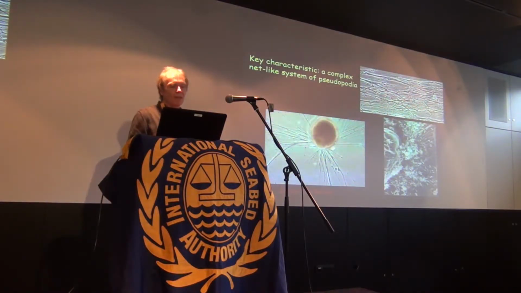A key characteristic of the foraminifera is this complex net-like system of pseudopodia, and these are the means by which the organism interacts with the environment. The pseudopodia are involved in all sorts of life processes like reproduction, shell formation and feeding.